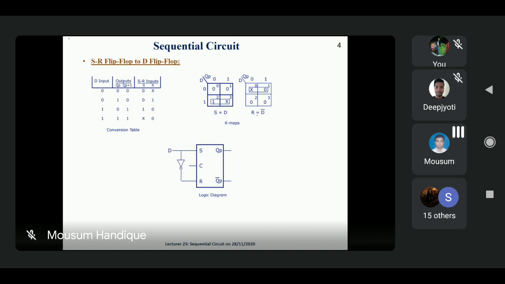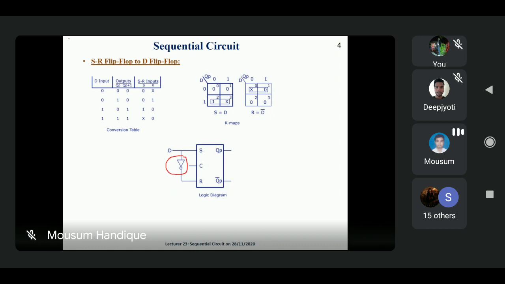simple. R equal to D bar means what? D is directly, because when we are converting this particular circuit, that time what happened? We are using the combinational circuit also, and you know sequential circuit is the combination of combinational circuit and some memory elements. Okay, this one SR we are using as some particular memory elements here, and this one we are using as a NOT gate.